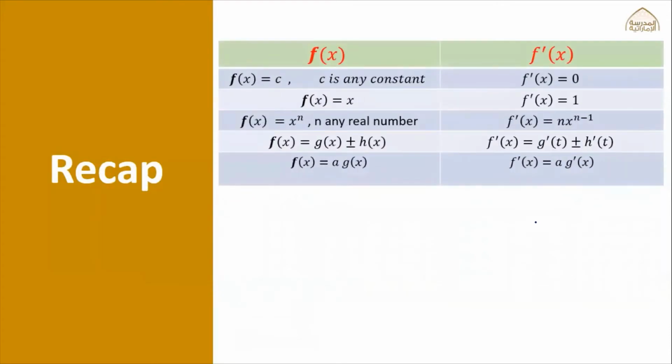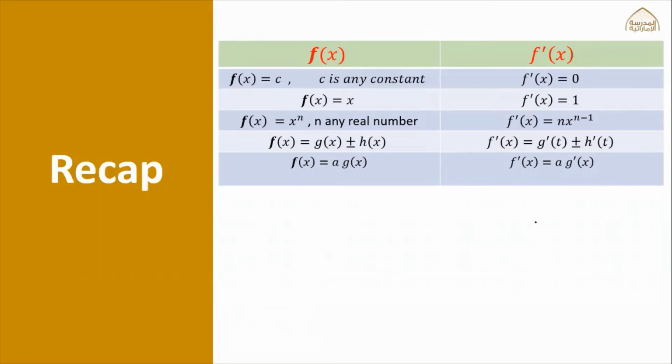Now we have a small recap for this lesson. First of all, please don't forget your derivative rules. The derivative of a constant is 0, the derivative of x is 1, and the derivative of x to the power n is n x to the power n minus 1. Don't forget the derivative for addition and subtraction between two differentiable functions g and h: f prime is g prime plus or minus h prime.